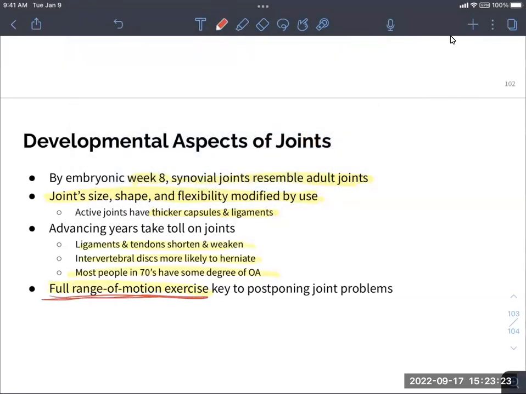Exercise is the number one thing to keep your joints healthy, your bones healthy, and we're also going to learn in the next chapter, muscles healthy. So exercise is key just to keep your body young.